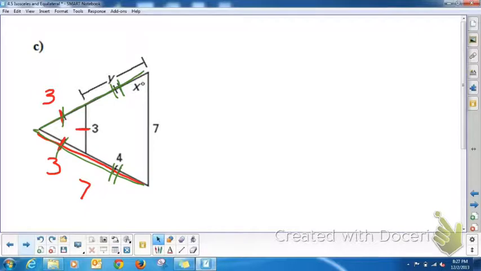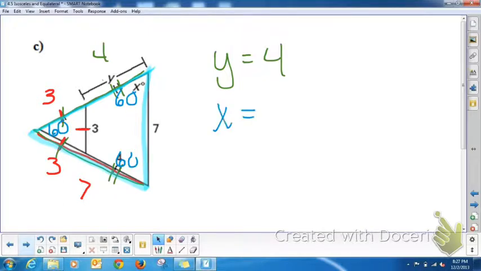So therefore, y would also equal 4. So if y is equal to 4, then that means all three sides of this larger triangle are 7. And if all three sides of this larger triangle are 7, then that makes it an equilateral triangle. So then you know all three angles of this triangle are equal to 60 degrees. 60, 60, 60. So x would equal 60 degrees.